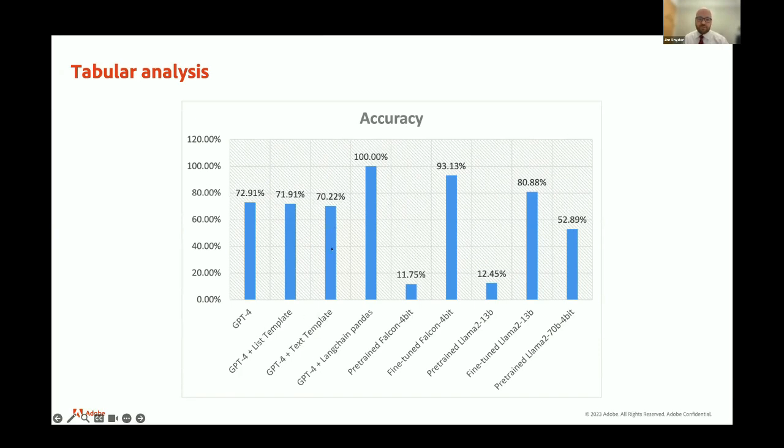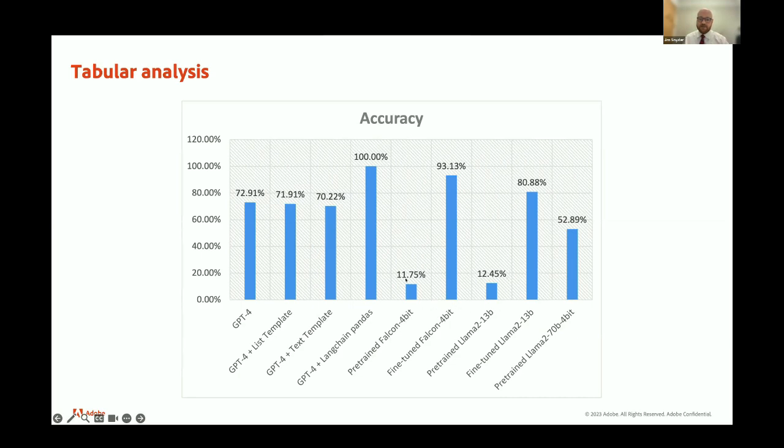But it gets only about 70% accuracy, which isn't terrible, but is way lower than it needs to be for this task. Now, with the Pandas agent, it gets to 100% accuracy, and I'm not guaranteeing that every single tabular analysis variation would be able to achieve this accuracy, but that was extremely good. And so I think using GPT-4 with LangChain Pandas is a really good idea.